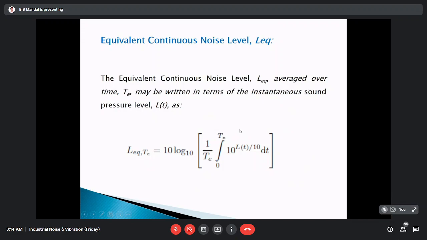Now, as I told you yesterday, the process is as simple as that. Over a period of time, you are integrating the noise and adding it, then you are taking a time average signal to find out the LEQ, then exposure time.